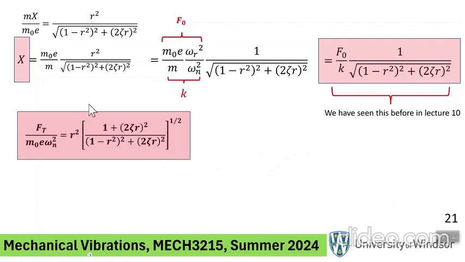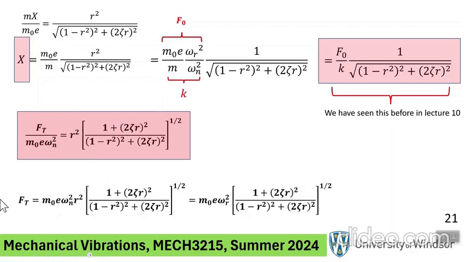Now, when we did the rotating unbalance, we also found the expression for the transmitted force, Ft. Ft stands for the transmitted force to the base, and we had this expression. Once again, if you multiply both sides by the denominator of the left-hand side, you get this. But also keep in mind that R is omega over omega n, so R squared is omega squared over omega n squared.